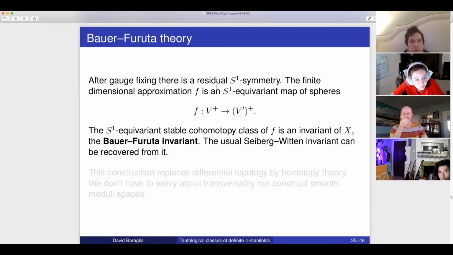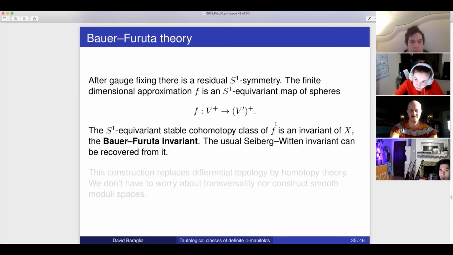So after gauge fixing, there's still an overall S1 symmetry, and so S1 acts on these finite dimensional spheres, and this map F is equivariant. So basically, this map F gives you a class in S1 equivariant stable cohomotopy, and that's what's called the Bauer-Furuta invariant.